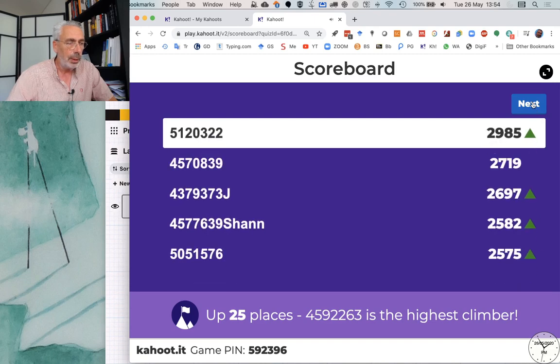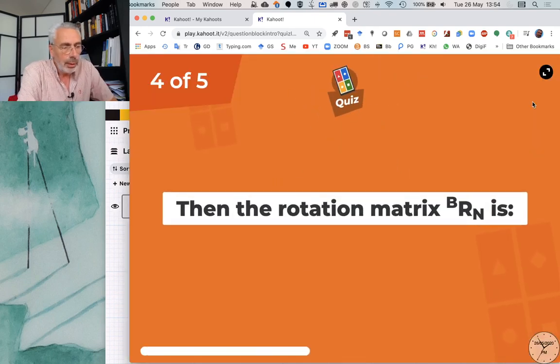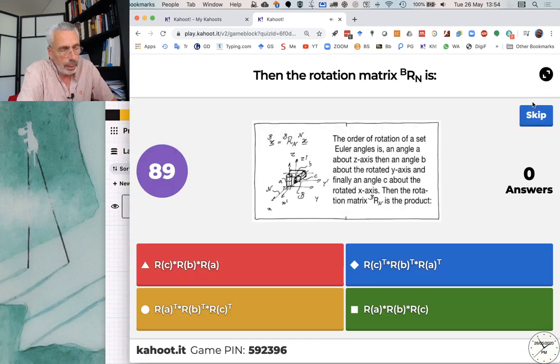Okay, next question. Then the rotation matrix BRN. So here you see rotations in series, and from the inertial system I start with an angle A about the z-axis, then an angle B about the y-axis, and an angle C about the x-axis. Then I'm curious what the order of the matrix multiplications will be for the transformations from the inertial frame to the body fixed frame. Watch out, it's not NRB, but it's BRN. So it's like rotating backwards or inverse.